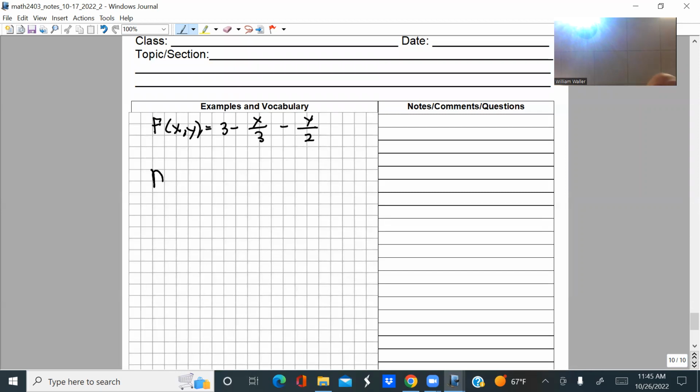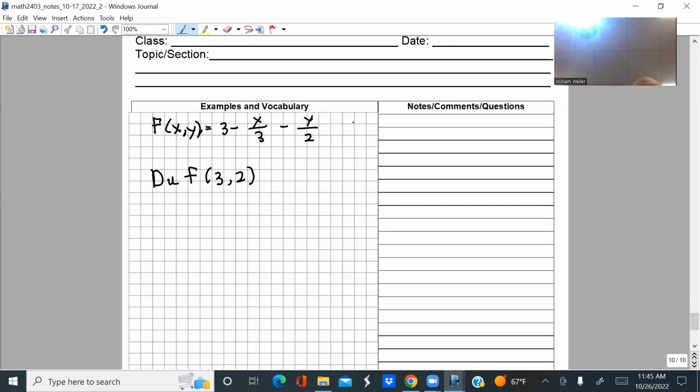And we wanted to find the directional derivative from this particular point. What was that? 3 comma 2, yeah.